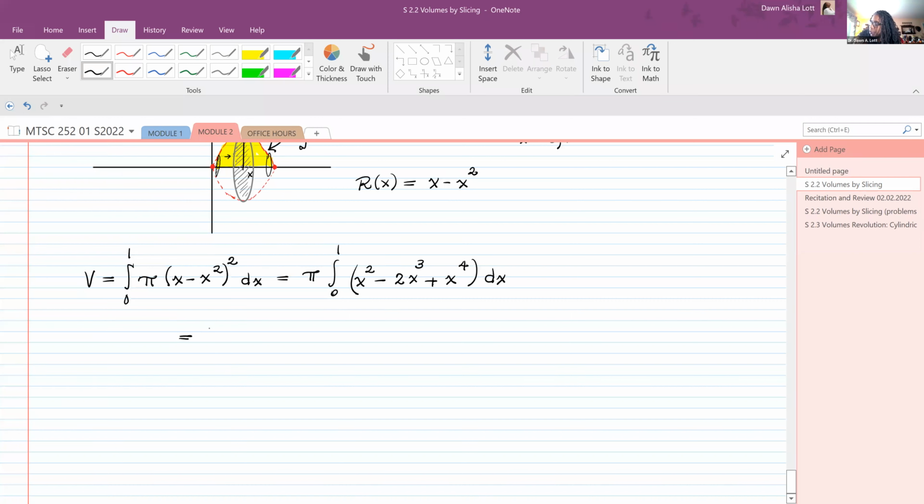So this becomes pi. The x squared becomes 1/3 x cubed. Then I'm going to get minus 2/4 x to the 4th, and then plus 1/5 x to the 5th. That whole thing evaluated between 0 and 1.